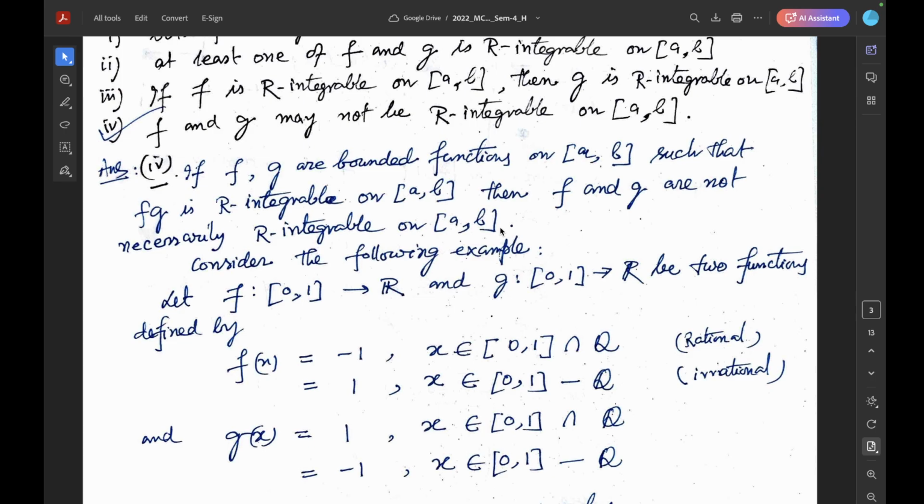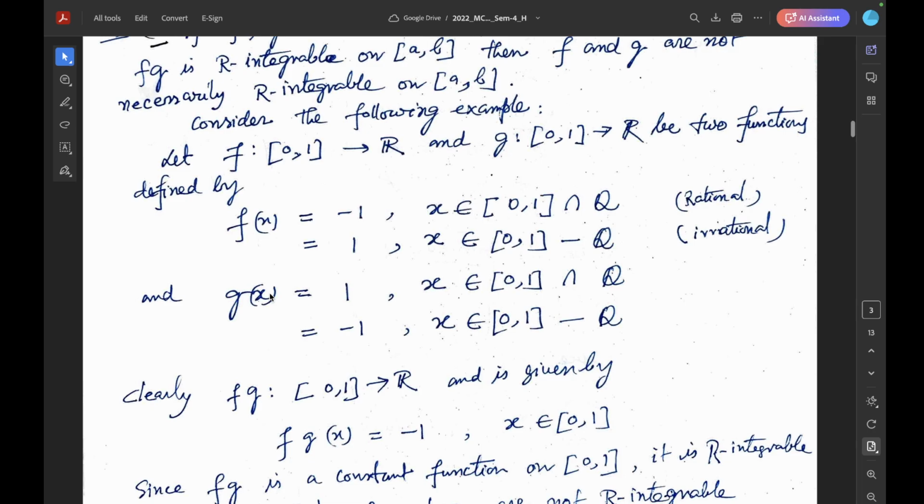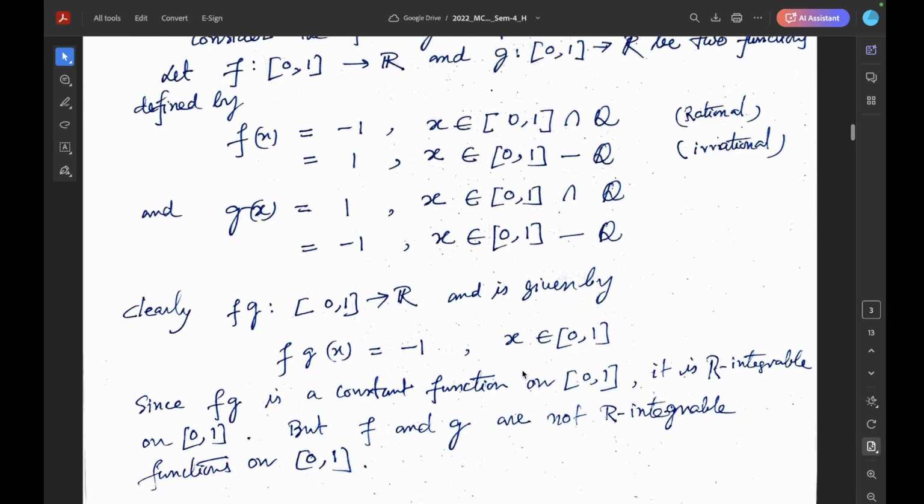Consider the following example for this. f is a mapping from the closed interval [0,1] to R and g is a mapping from [0,1] to R, two functions defined by f(x) equal to -1 when x is rational in [0,1], that is in [0,1] intersection the rational set Q, and f(x) equal to 1 if x is irrational in [0,1], that is in [0,1] minus Q. Then g(x) equal to 1 when x is rational and g(x) equal to -1 when x is irrational in [0,1].